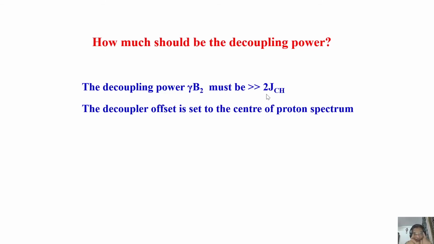So decoupling is simple. Set the decoupler offset at the center of the proton frequency. Apply another radio frequency pulse, called a decoupler pulse, such that the power of this pulse, gamma B2, is larger than the largest coupling strength.